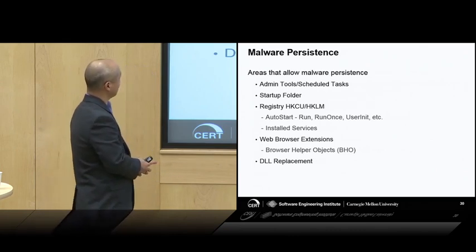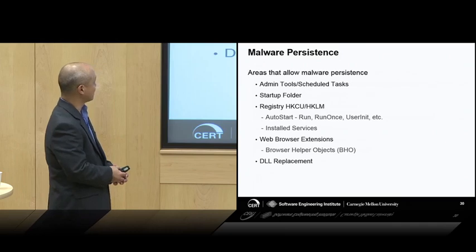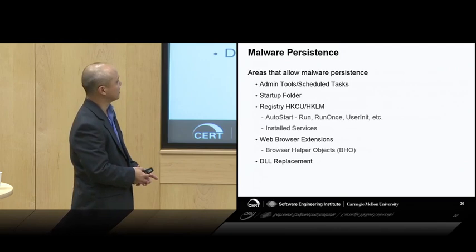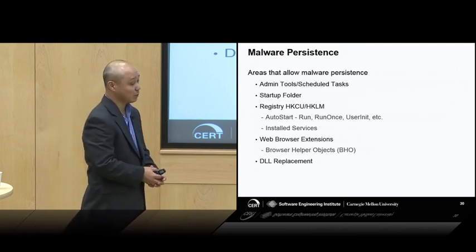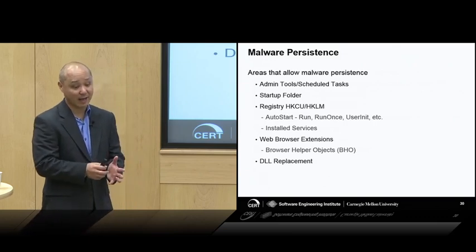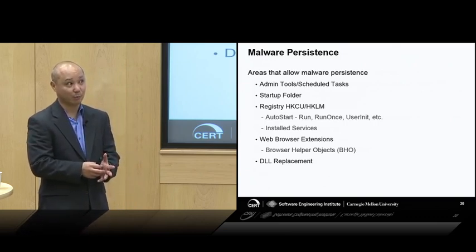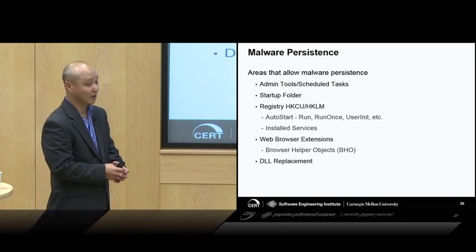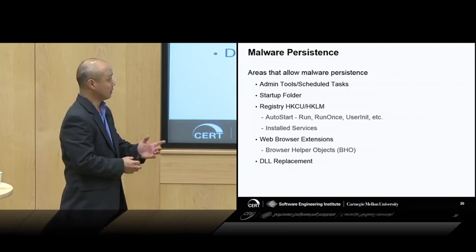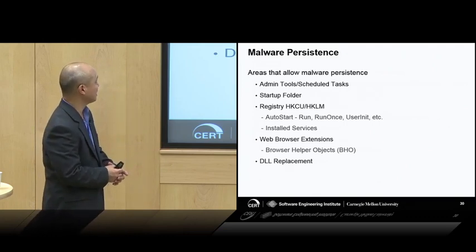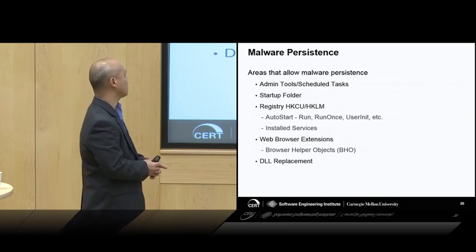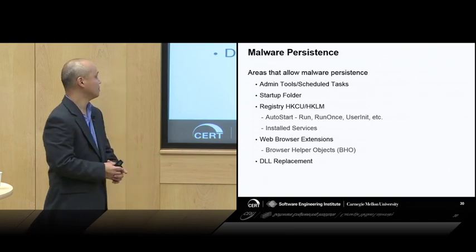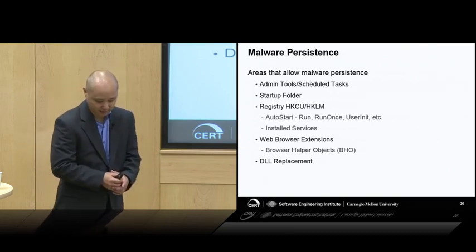that you can look for malware persistence, like the auto start, the run once, and user init. You can go in there and you can find it. If it's a run once or a run, you can find a list of the programs or the applications that are set to be run or run just once, and also installed services. And then web browser extensions, browser helper objects.